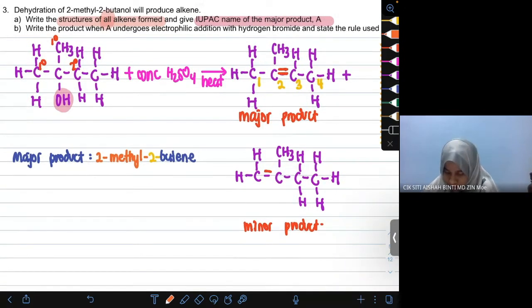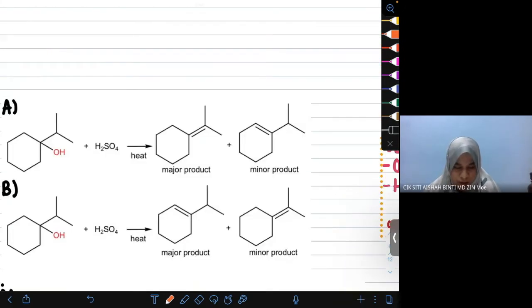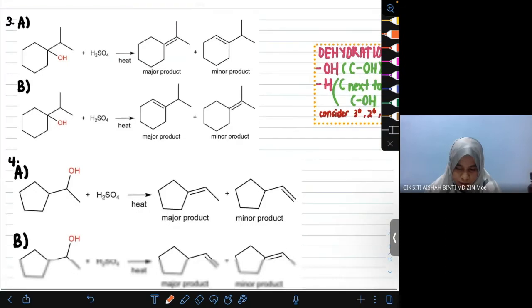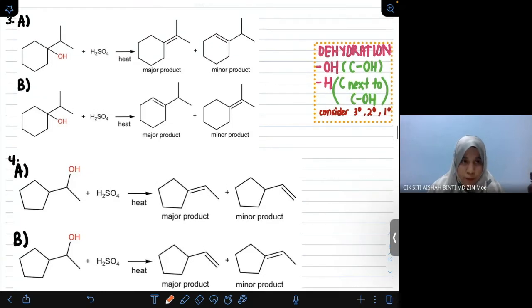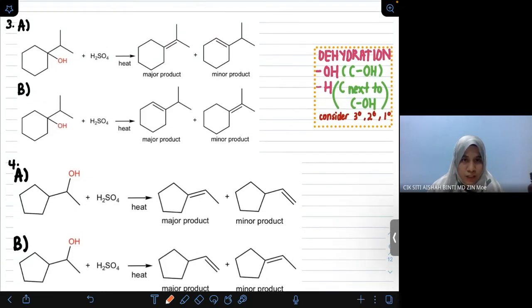Okay, so again dekat sini kita ada extra question. Here we have extra question 3 dengan question 4. We have done the dehydration of alcohol. In this case, this is a skeletal structure.